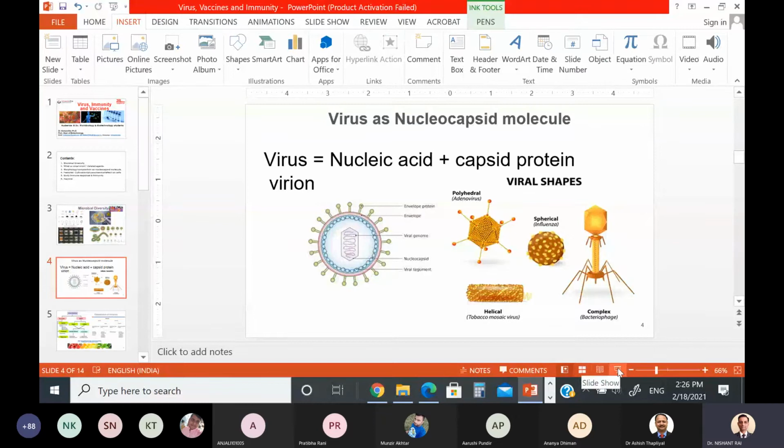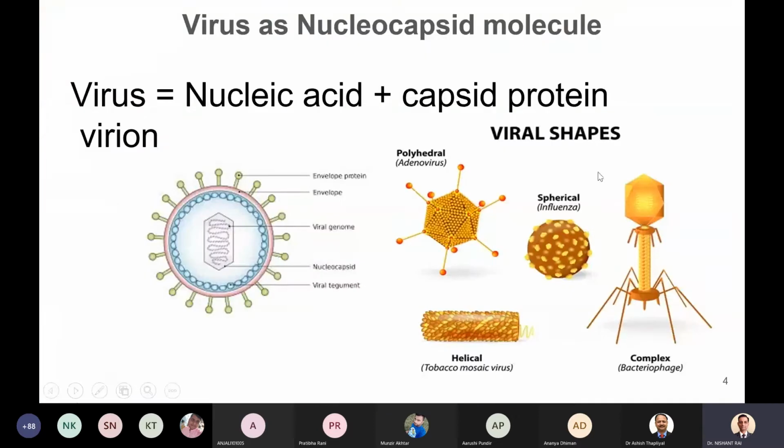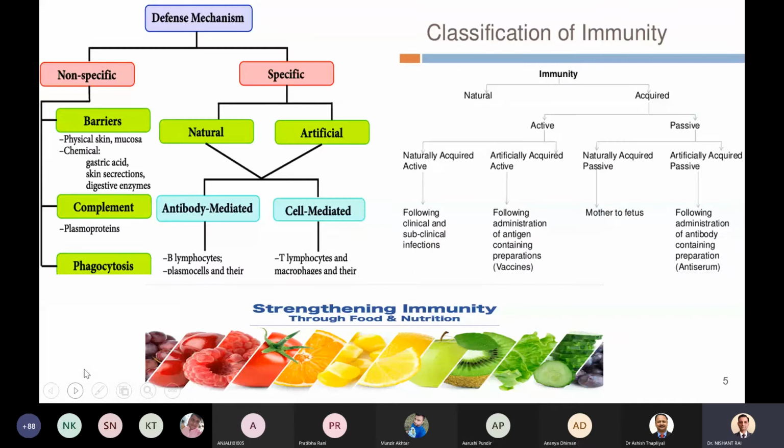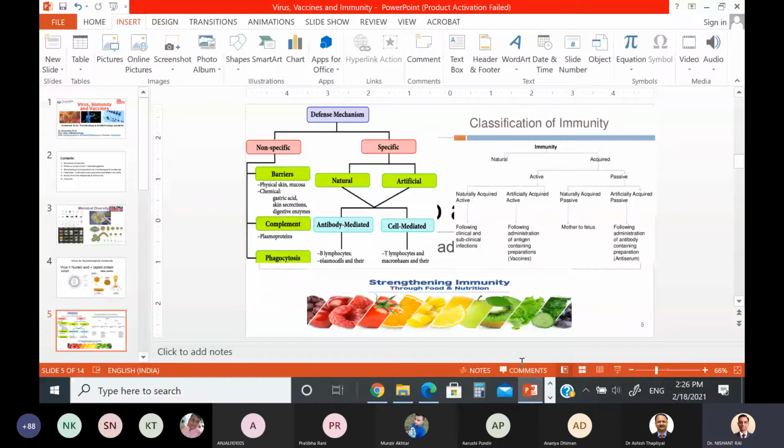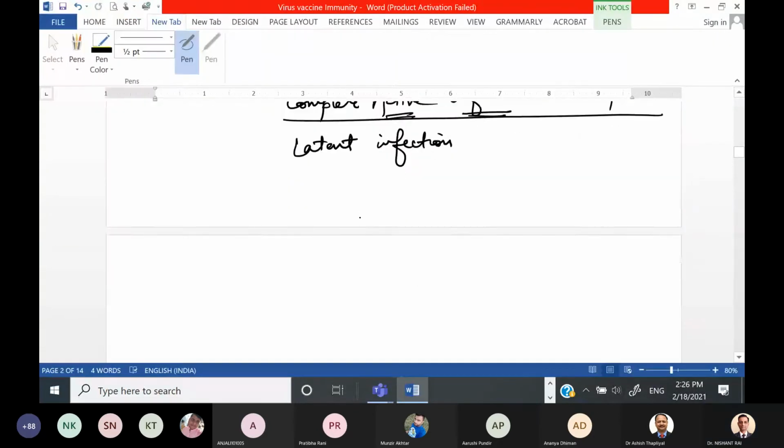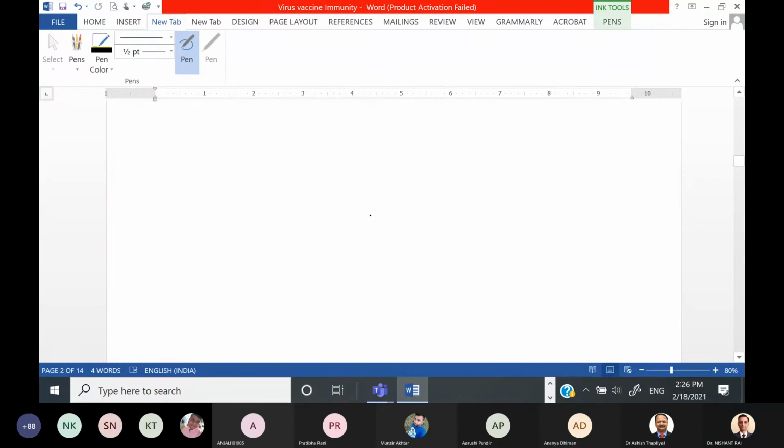Yeah, so moving ahead. This is giving you an idea of the structural organization of a virus. Before going to this part, let me give you a brief about the virus properties and features.